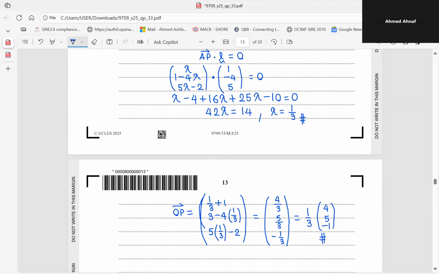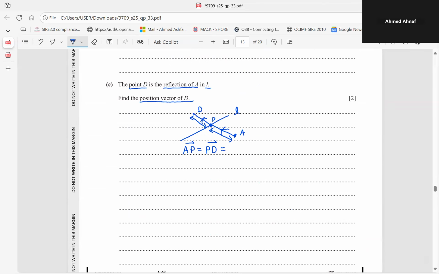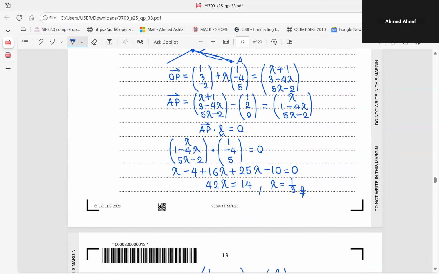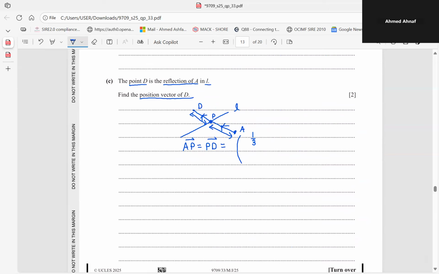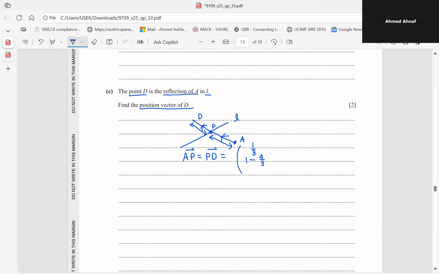So AP is lambda, okay? So lambda is 1/3, 1 minus 4 lambda, so 1 minus 4 over 3, 5 lambda minus 2, so 5 over 3 minus 2.